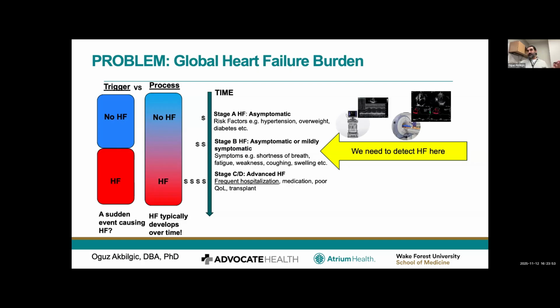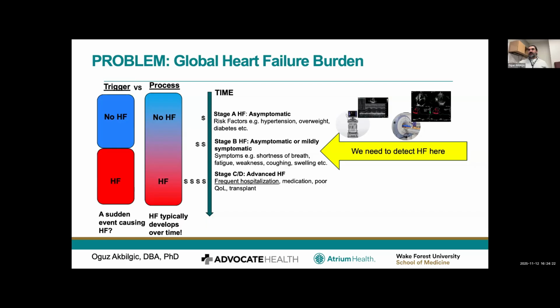Well, good news, we have all the tools we need for gold standard diagnosis of heart failure. Bad news, they are expensive, they are not accessible, and they are not part of population level heart failure screening, which we do not have. We have population level screening for breast cancer and colon cancer, if you meet certain criteria based on age and gender.